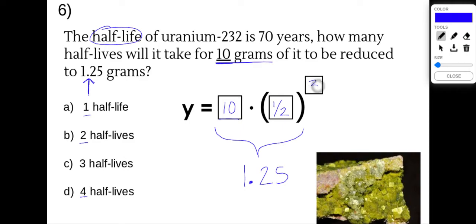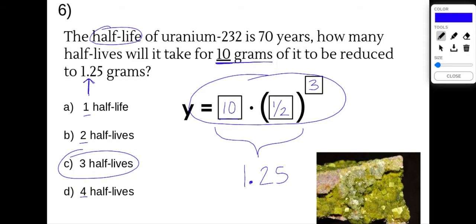So if you were to type in 3 as the exponent into this function, it's going to take it down to 1.25. So 3 half-lives. So think, if the half-life is 70 years and you have 3 half-lives, that would be 210 years it would take for this uranium to go from 10 grams all the way down to 1.25.